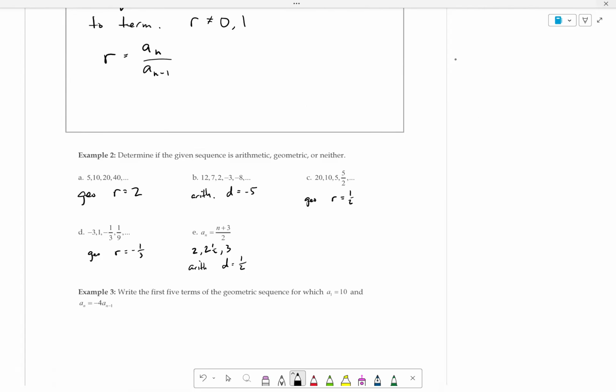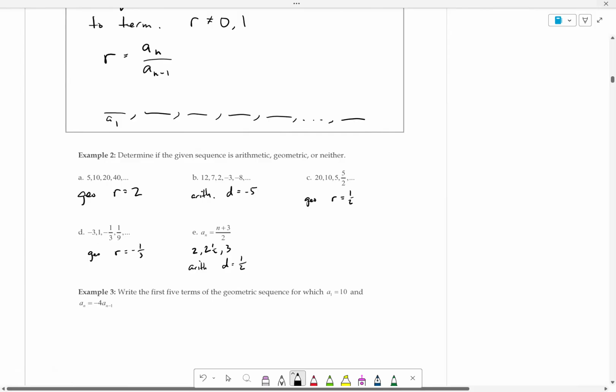And I'm going to build the explicit formula here at the bottom. Dot, dot, dot. The first term is a sub 1, second term is a sub 2, a sub 3, a sub 4, a sub 5, and this one's a sub n. Since this is geometric, the first term is just a sub 1.